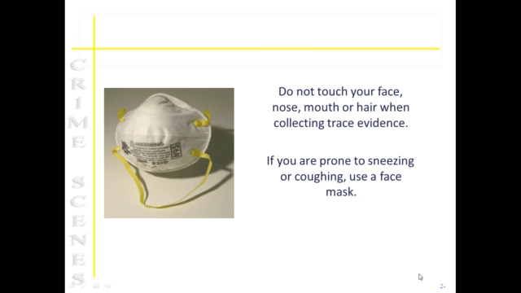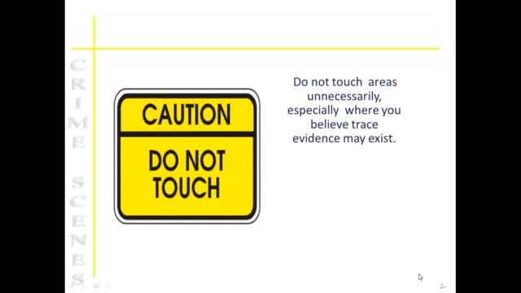All of these measures are used to help protect the evidence, but also to protect the individual who is at the crime scene. You always want to remember to only touch things that are actually necessary. There's always the possibility of trace materials, and because of that, you don't want to touch things unnecessarily.